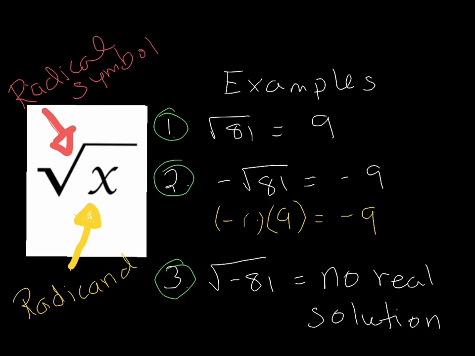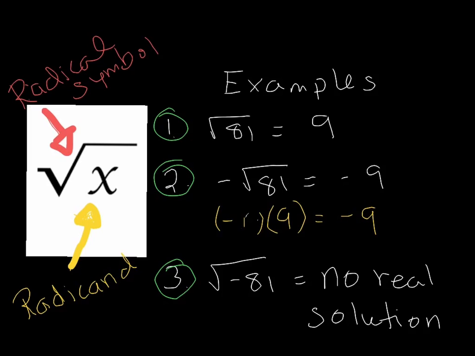The next one is how we get a negative answer when we're taking the square root of something. We have a negative 1 represented by this negative symbol here times the square root of 81. That's going to give us a negative 9, and here's how it works. Negative 1 times the square root of 81, which is actually 9, equals negative 9.